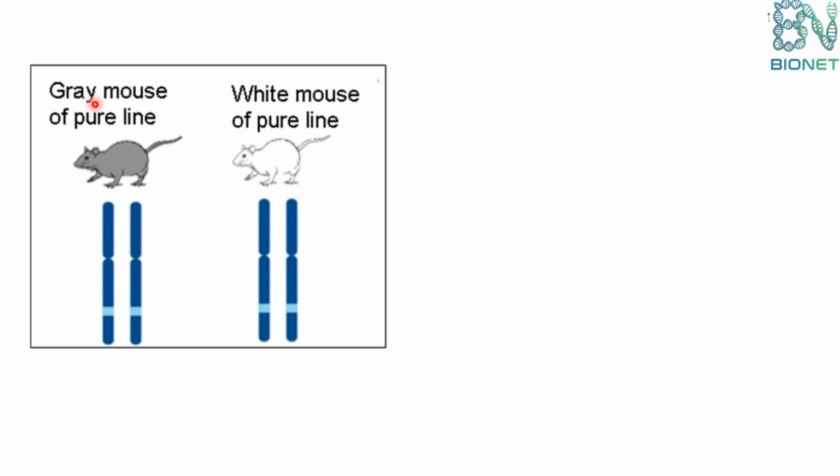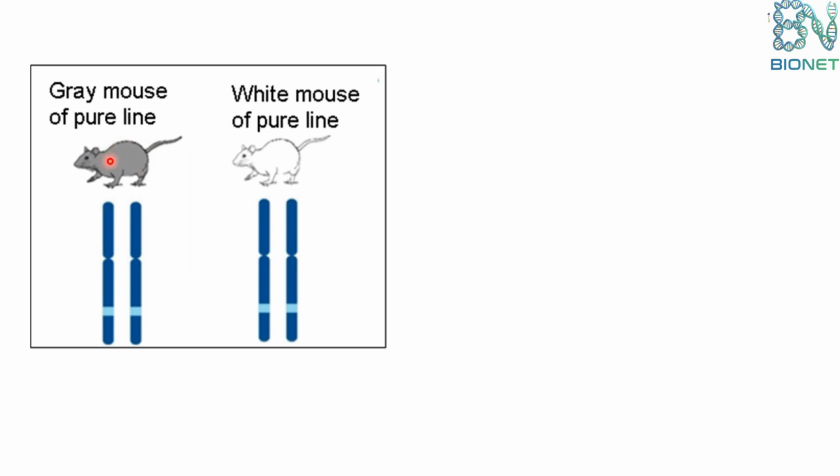The gray mouse is of pure line. The white mouse is also of pure line. The crossing of these parents gave mice having gray color. So the color of the white parent is not expressed in the descendants. All the descendants have the color of the gray mouse.